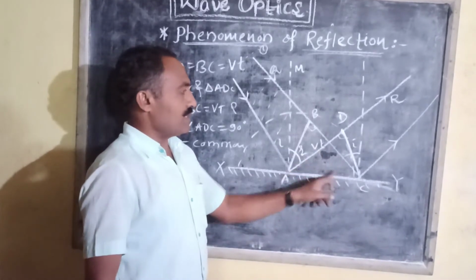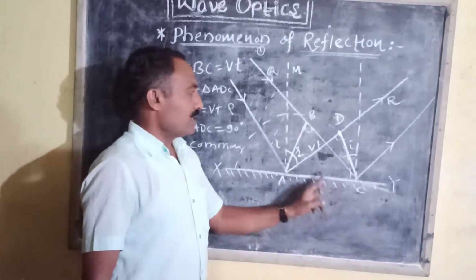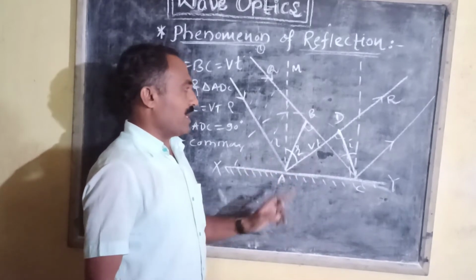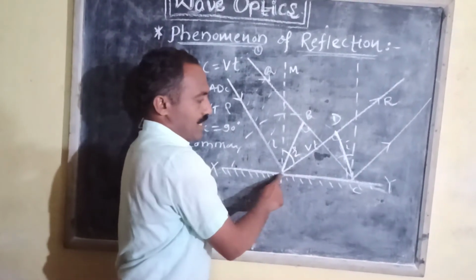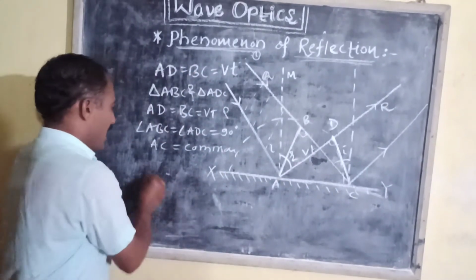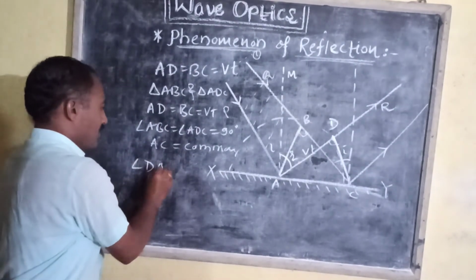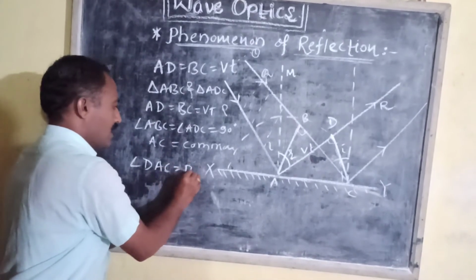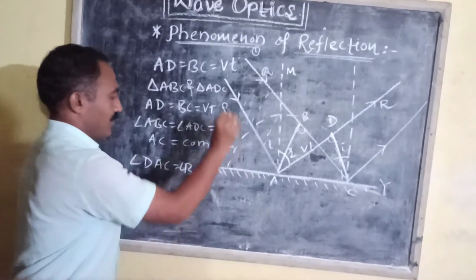As ABC and ADC are congruent, their corresponding angles DAC and BCA are equal.